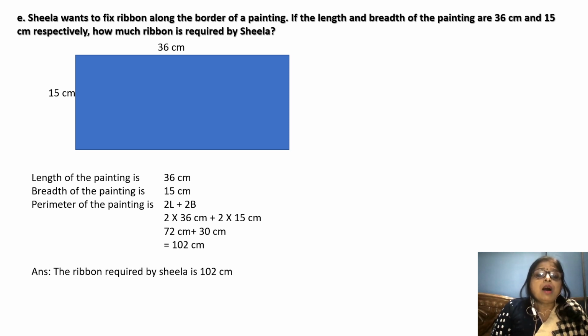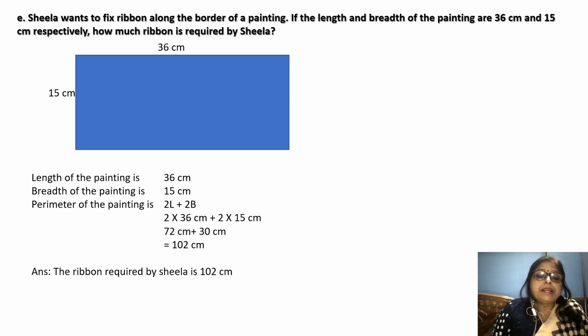Now Sheila wants to fix a ribbon. I think all of you know about the ribbon, and she wants to fix the ribbon along this side. So how much ribbon is needed by Sheila? Around the border, it means you have to find out the total length of the painting.